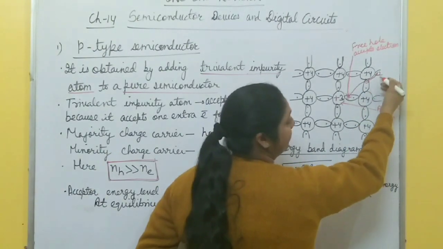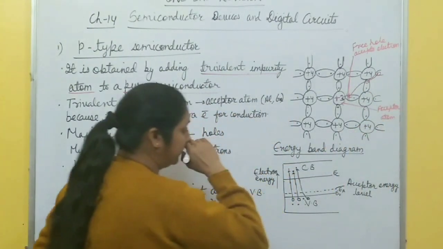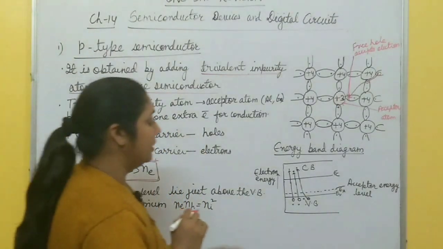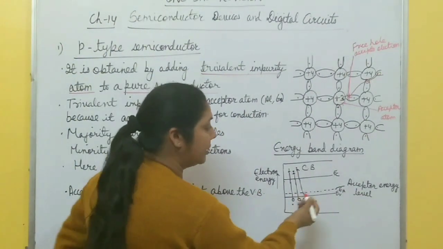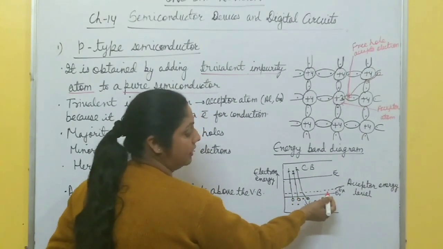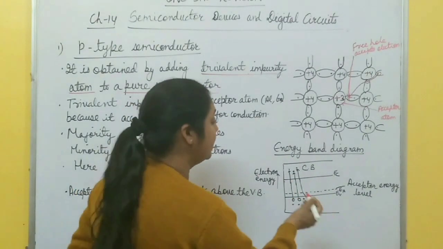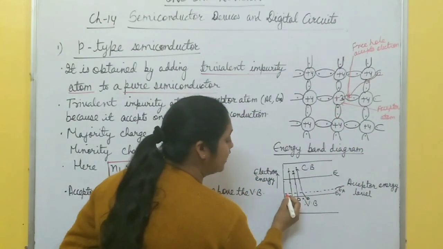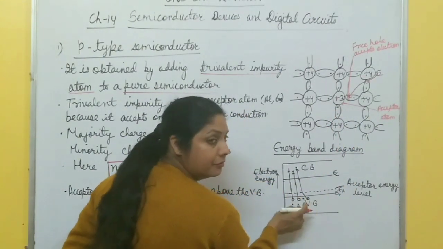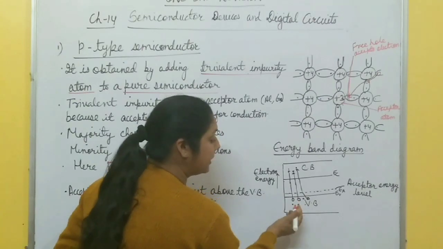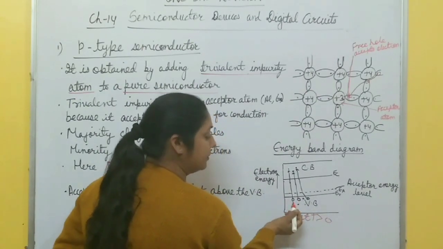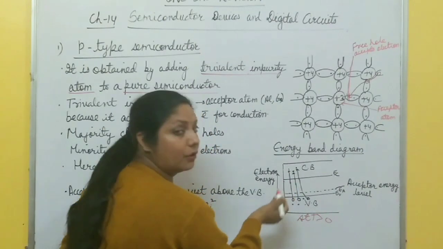So holes are created in this way, and in this p-type semiconductor at room temperature, more holes are present which accept electrons, so these are also called acceptor atoms, and these holes are present above the valence band. And also at room temperature, at T greater than 0, some thermally generated electron-hole pairs are also there.